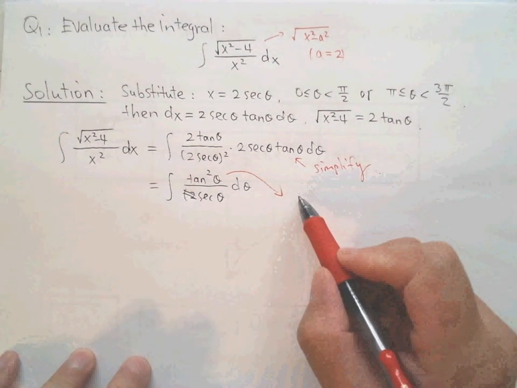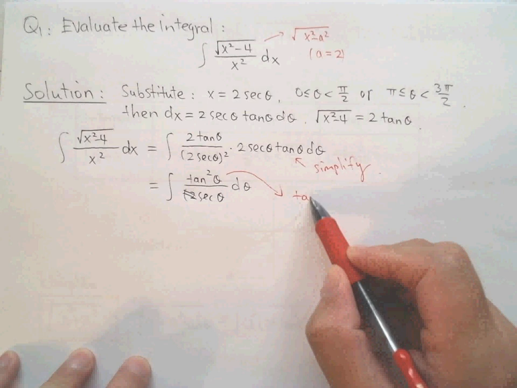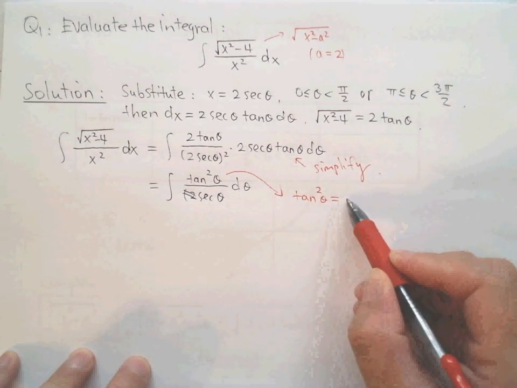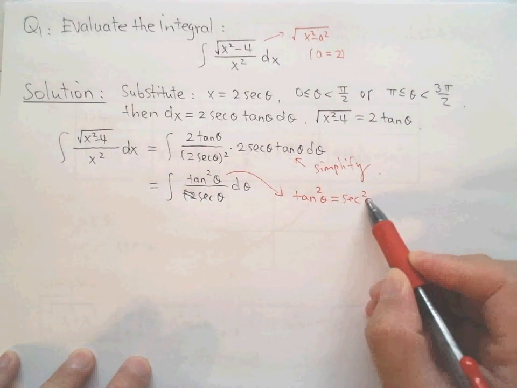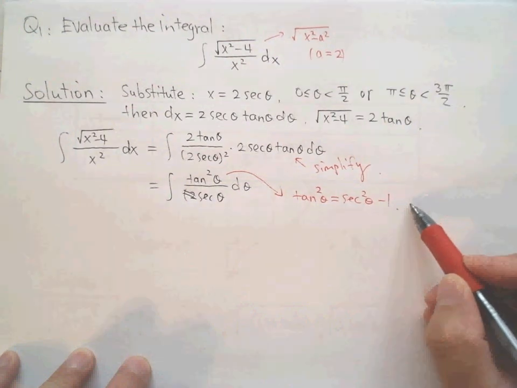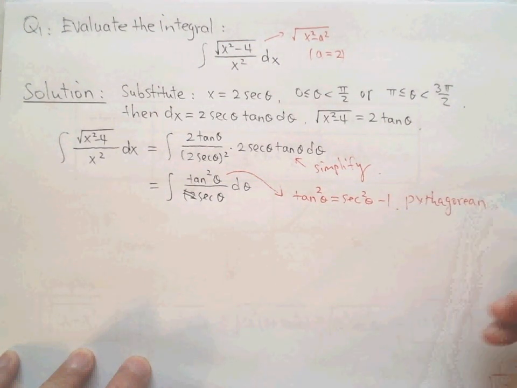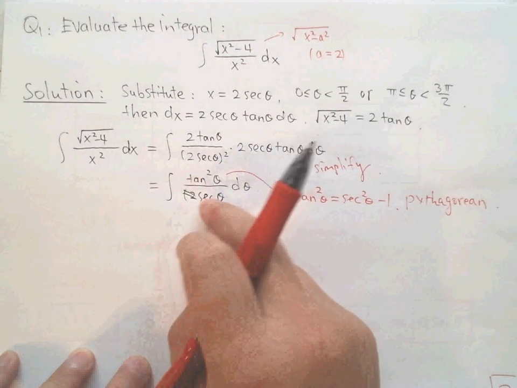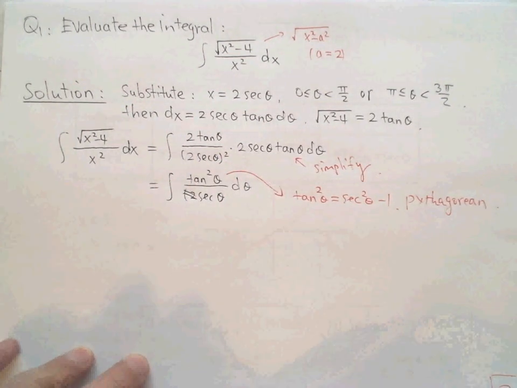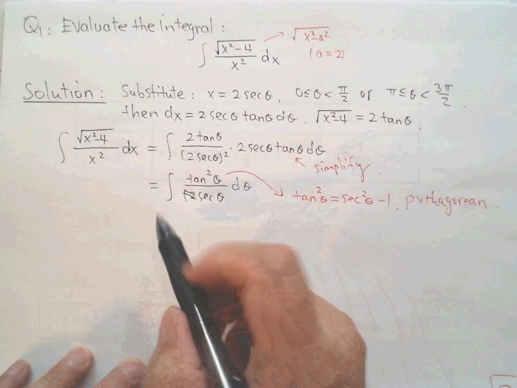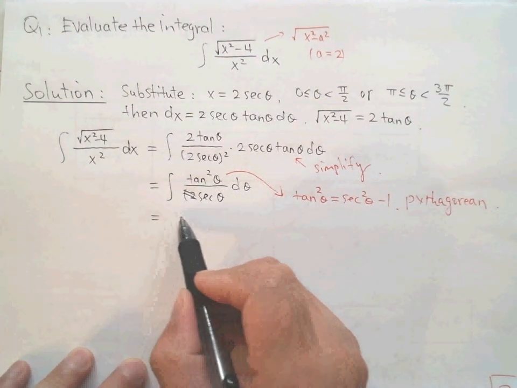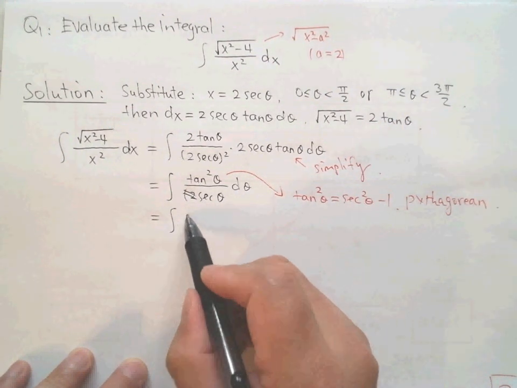We use Pythagorean: tangent squared theta equals secant squared minus 1. This is the Pythagorean identity, right? I can plug this in and manipulate the integrand. See what kind of integrand I will get. I will get this simple one.